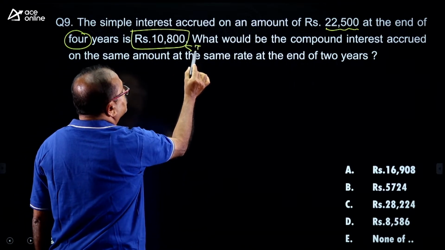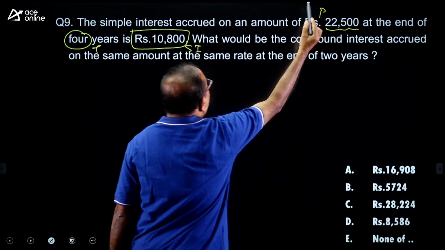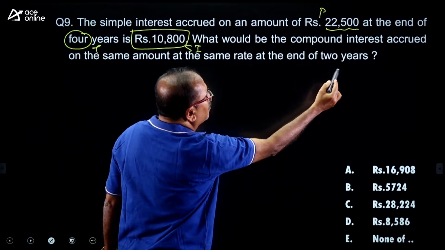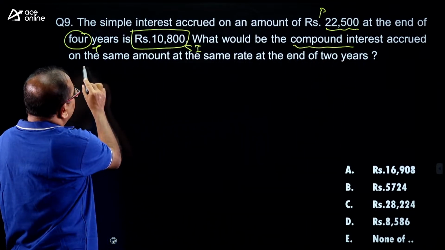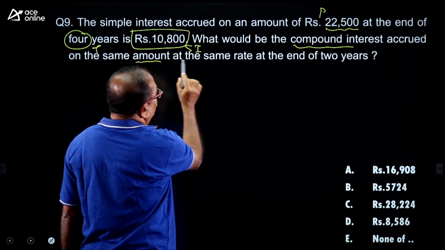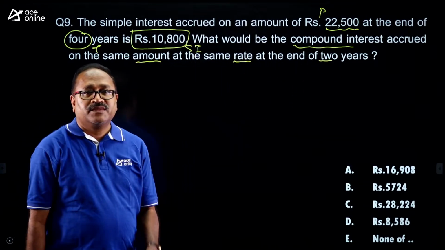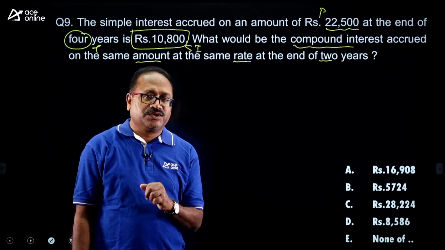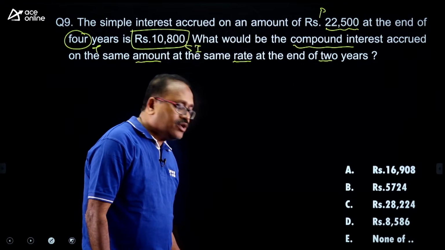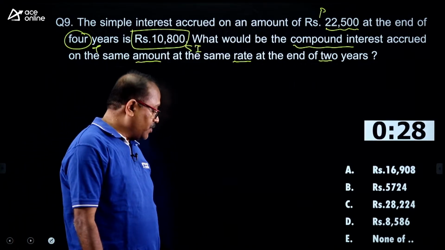So we have the SI, we have the time, and we have the P. What would be the compound interest acquired on the same amount at the same rate for the same period? I will give you the easiest method to answer this question. But still, before I solve, I will give 30 seconds to you to answer this question.